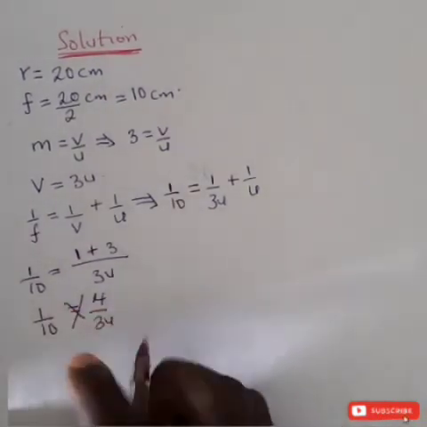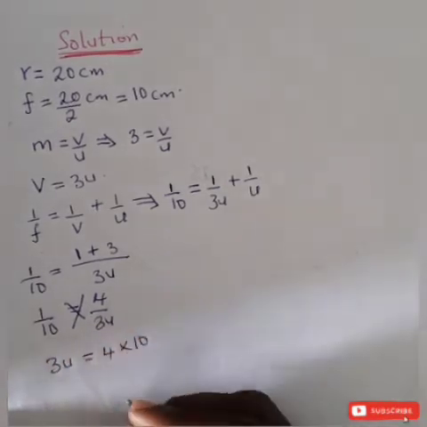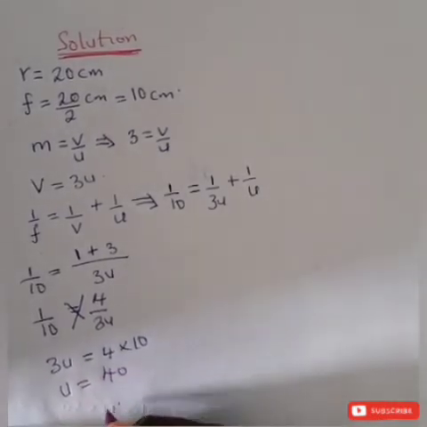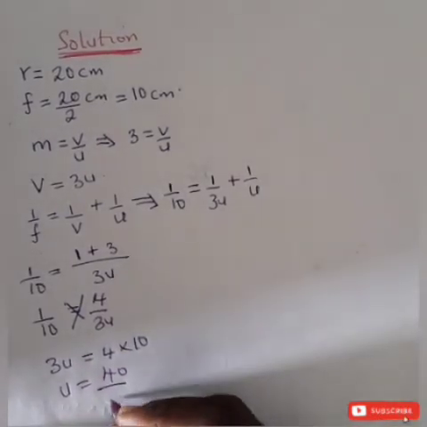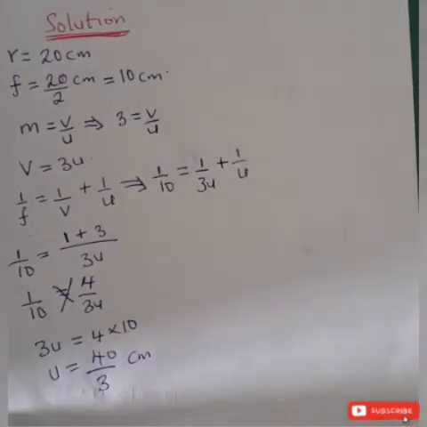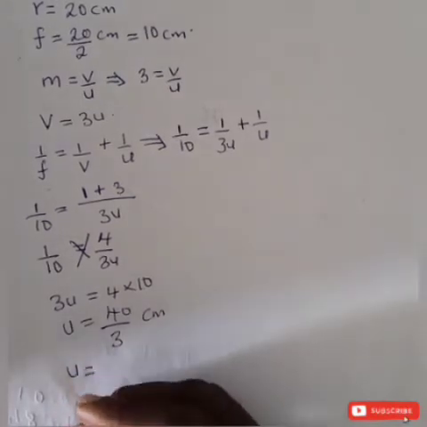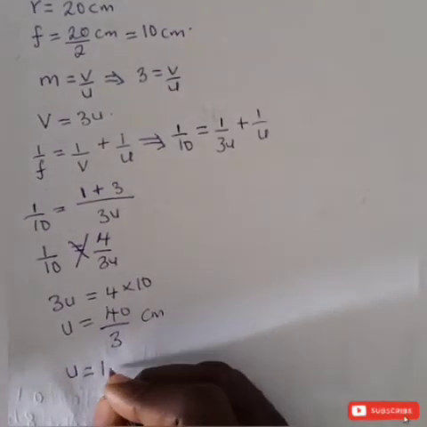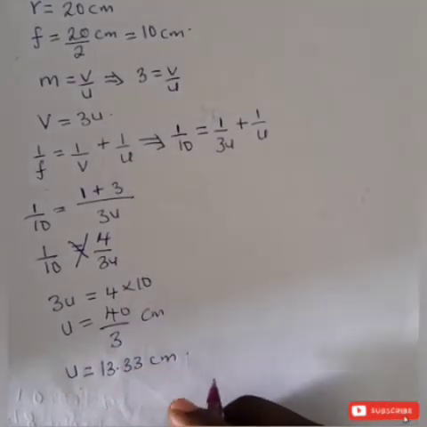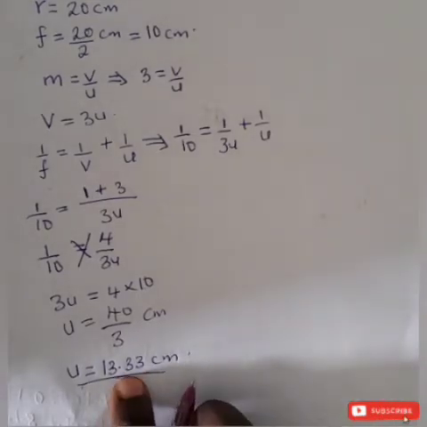So when I cross multiply, I'm going to have 3U is equal to 4 times 10, and U equals 4 times 10 is 40 divided by 3 centimeter. So this is going to give us an approximate value of 13.33 cm. Now that's the position of the object from the mirror.